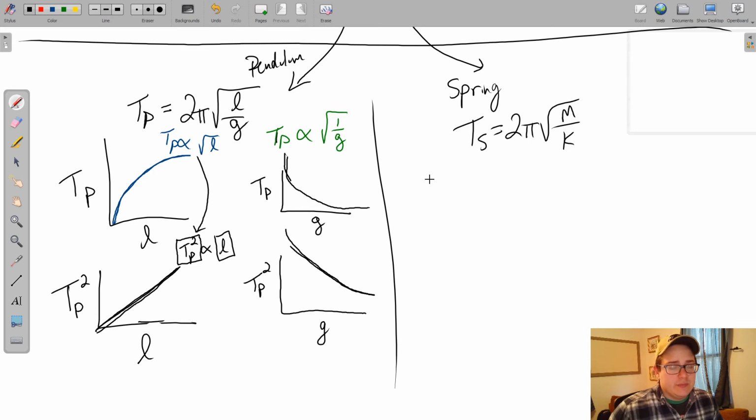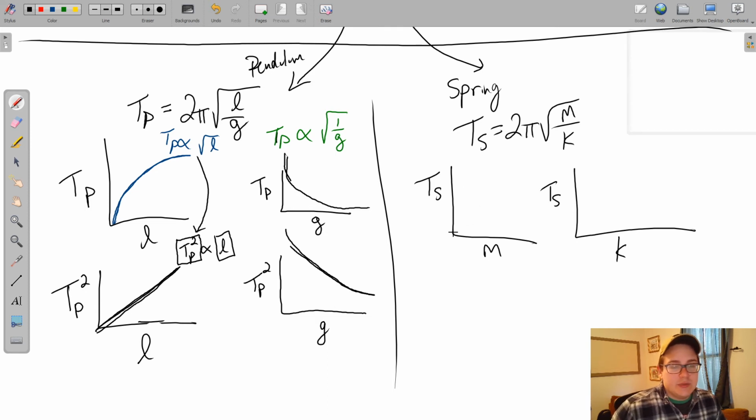So when you look at the period of a spring versus mass, and the period of a spring versus spring constant, it follows the same relationships as for a pendulum. This is going to be proportional to the square root of m, so it's going to look something like this. The way to linearize that is to square your data.